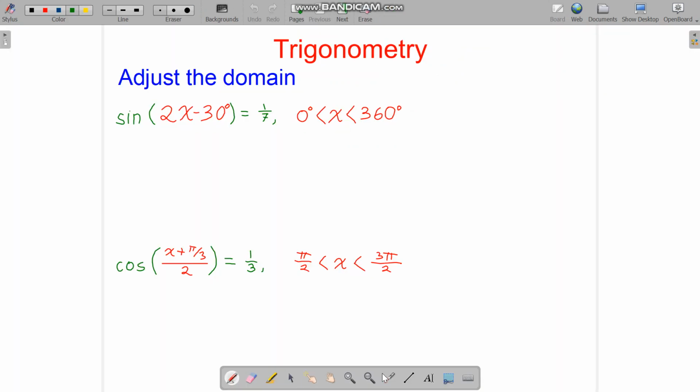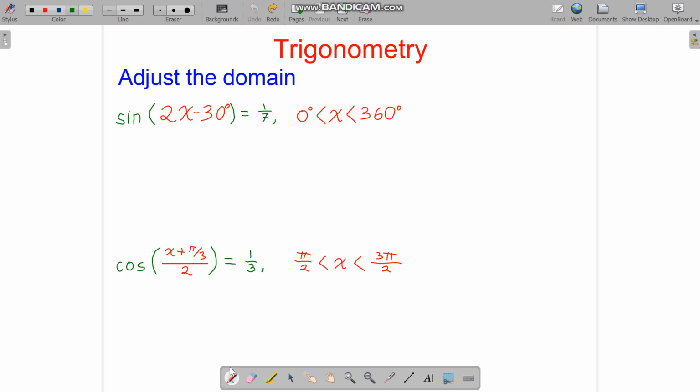The first step is to adjust the domain. So here we see we have the angle 2x minus 30 degrees and the domain is for x between 0 and 360 degrees. So it's for x, but the angle we are dealing with is 2x minus 30.